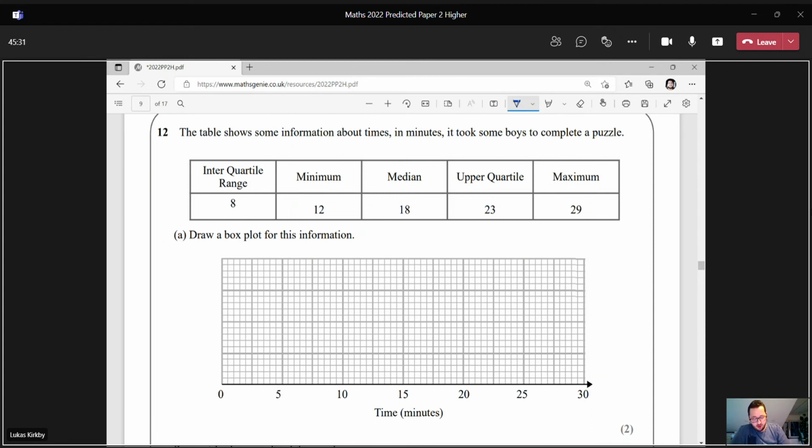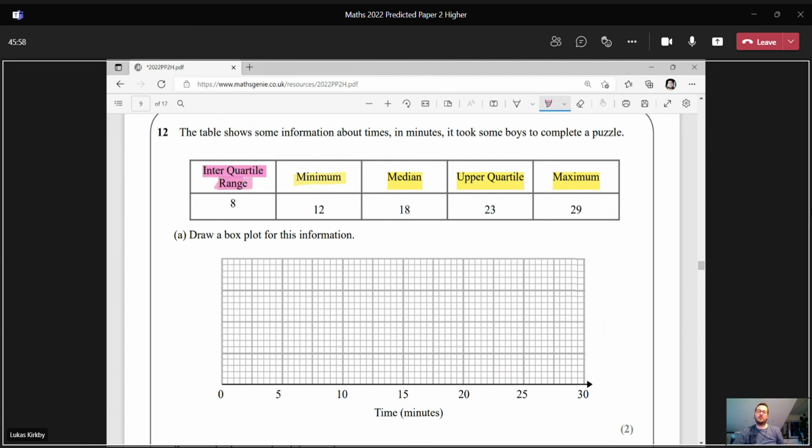So for a box plot, we need 5 bits of information. We need a minimum, we need a maximum, we need a median, we need a lower quartile, which we've not got, and we need an upper quartile. The only thing we've not got is a lower quartile, and the thing that's going to help us with this is the interquartile range.